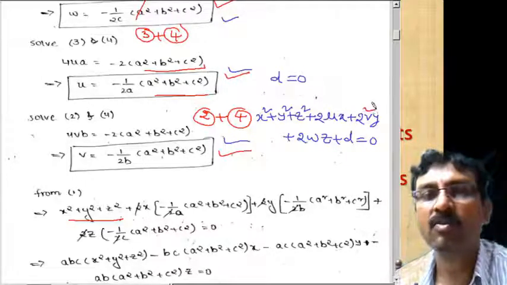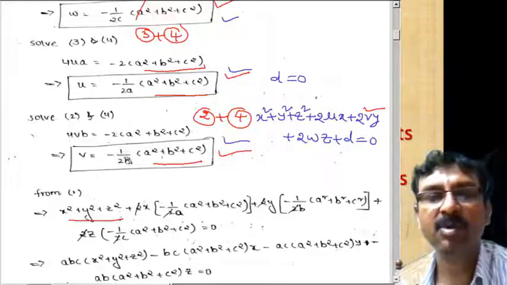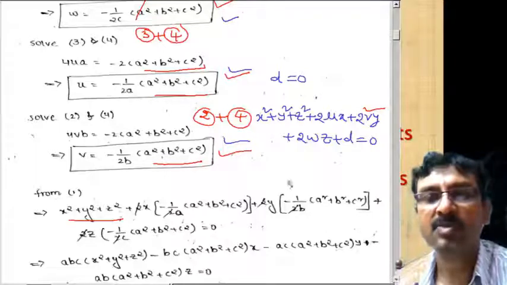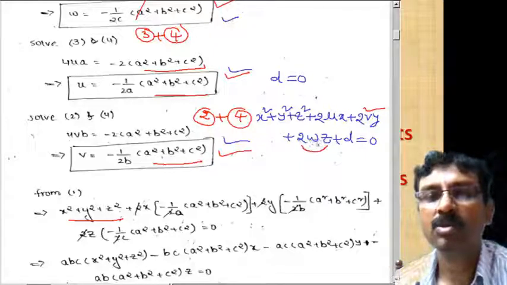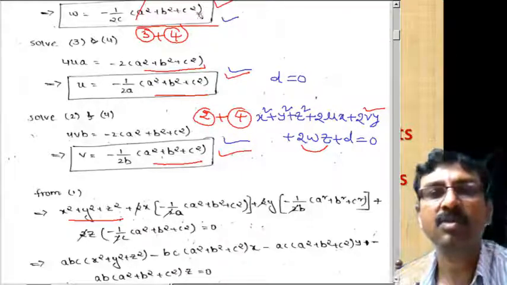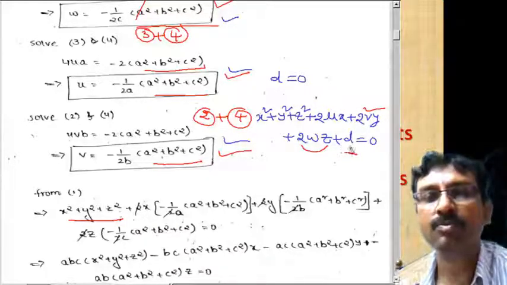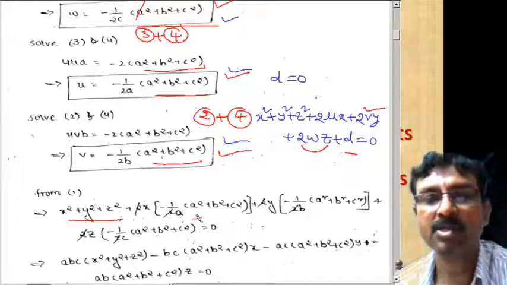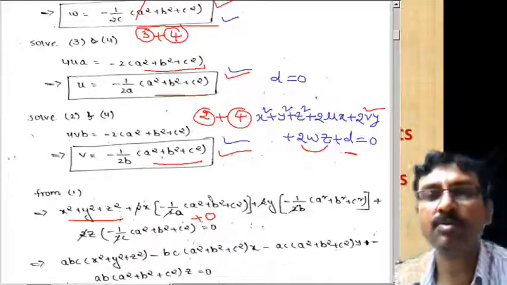Next 2y, and v, replace v by minus 1 by 2b, a square plus b square plus c square, plus 2z, and w replaced by minus 1 by 2c, a square plus b square plus c square. Here d is 0. I did not mention 0. Okay. Equal to 0.